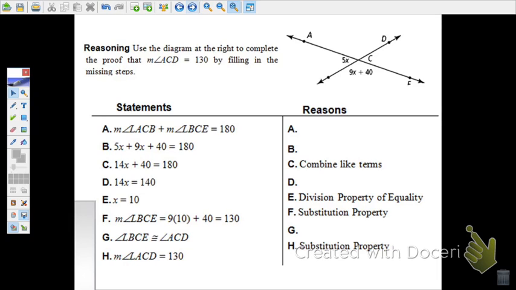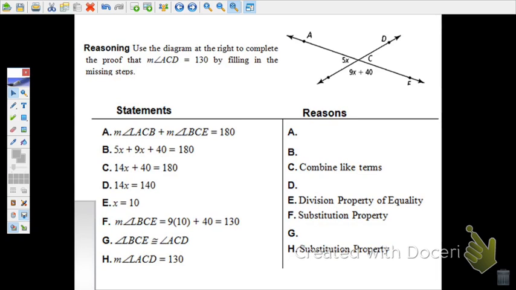So what am I using here? What did we learn in chapter 1 that we're using there? What are we doing with those angles? Angle addition postulate. Okay, we're using our angle addition postulate.